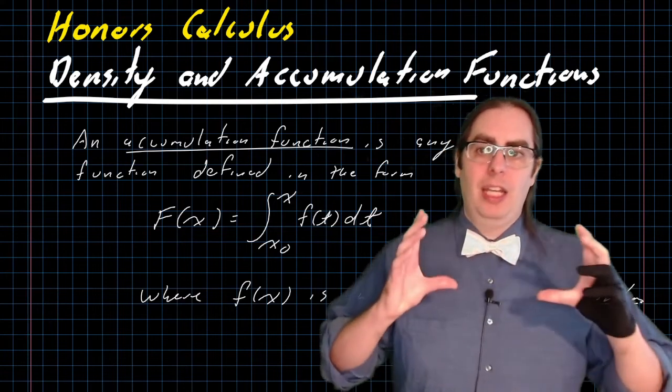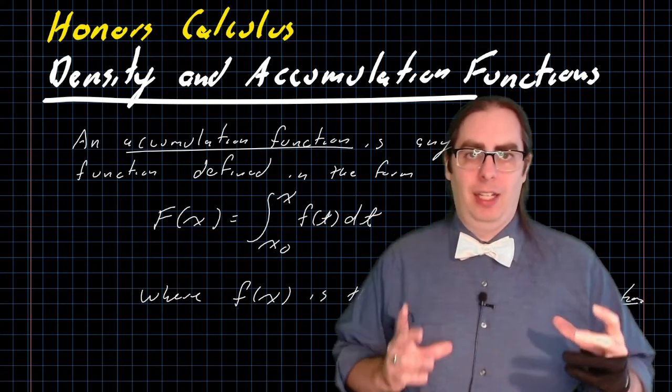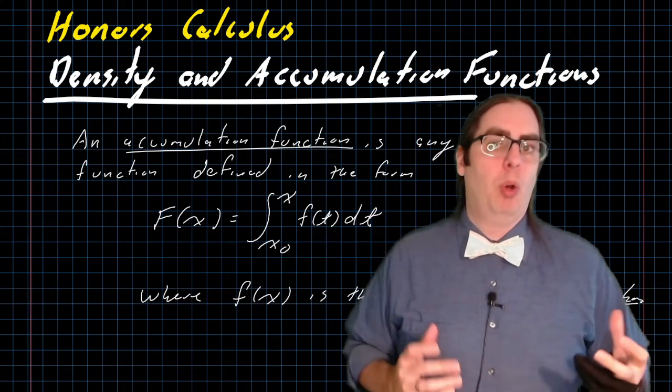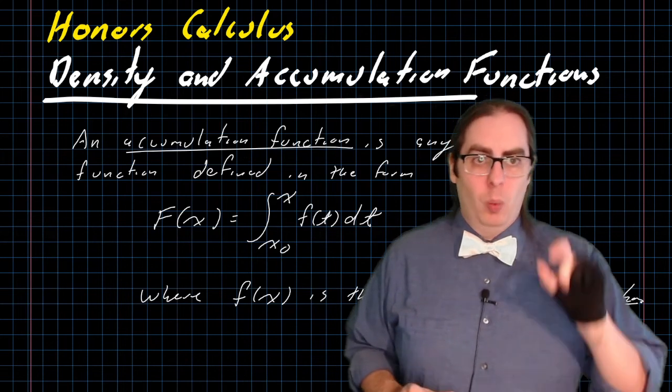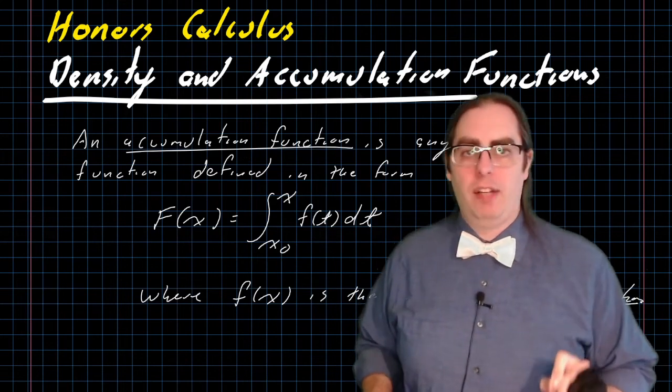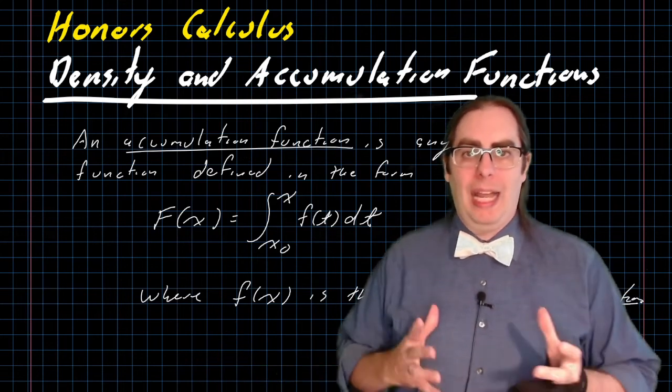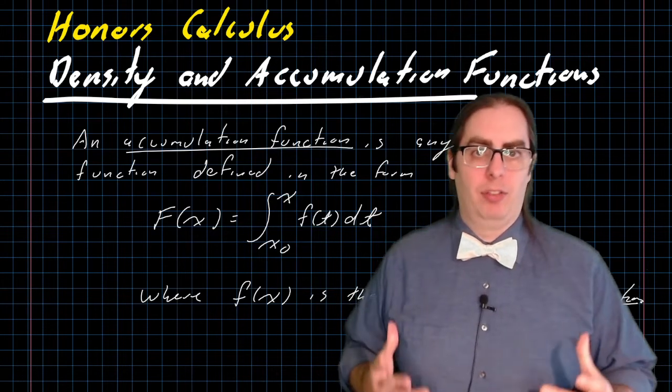So we're taking an object that has a varying density, we're slicing it up into a bunch of tiny pieces. We're calculating the mass of each of those pieces individually. We're adding them all together to get the total mass of the object.